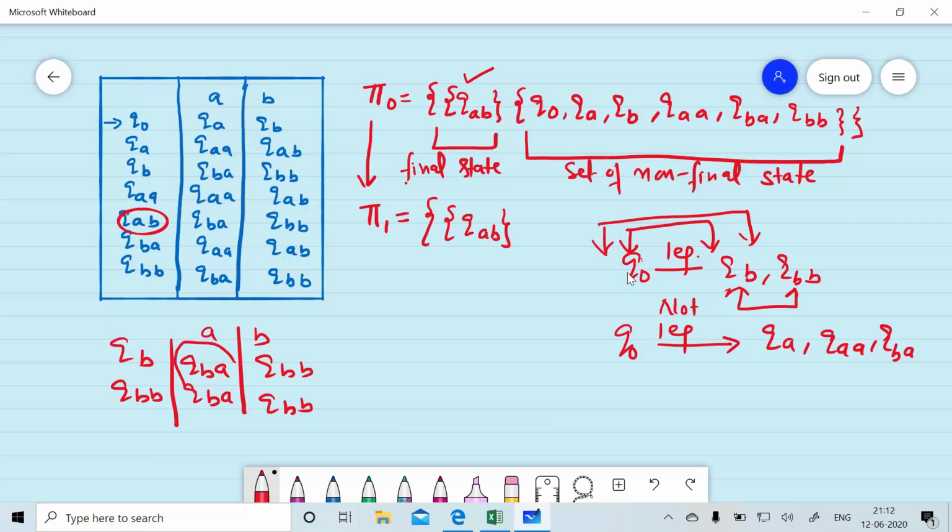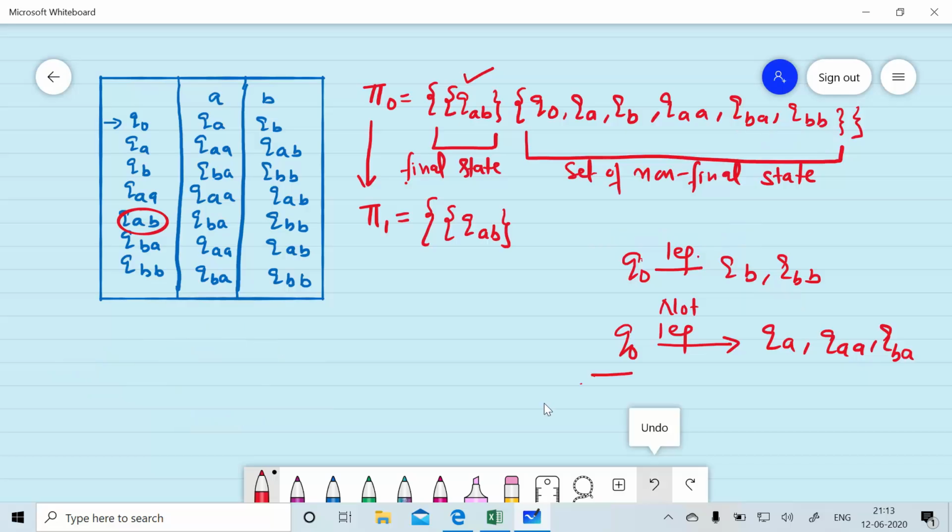QBA is presenting in one set, so they belong to the same set. Under B, both are moving to QBB, which is presenting in one set, so they are behaving similarly. So QB and QBB are also one equivalent due to the transitivity property in equivalence sets.